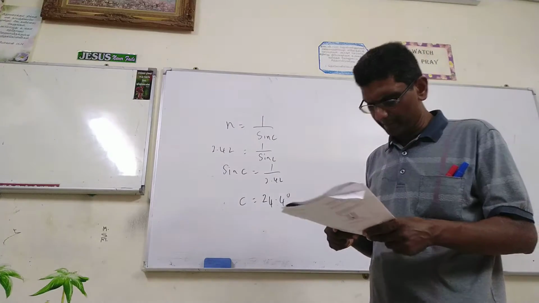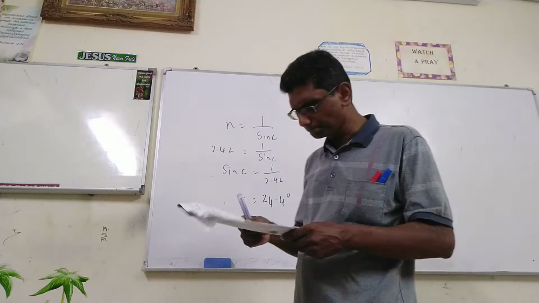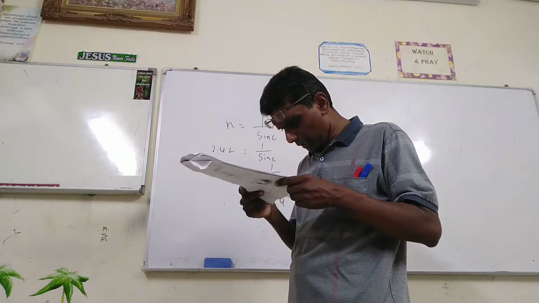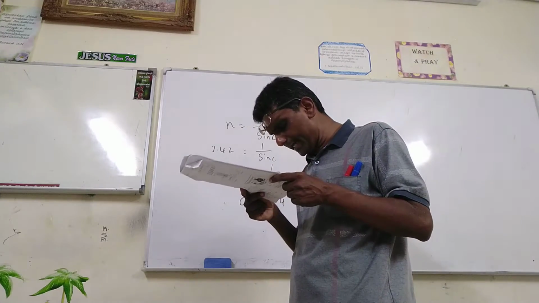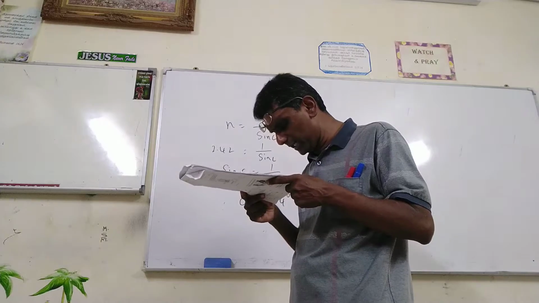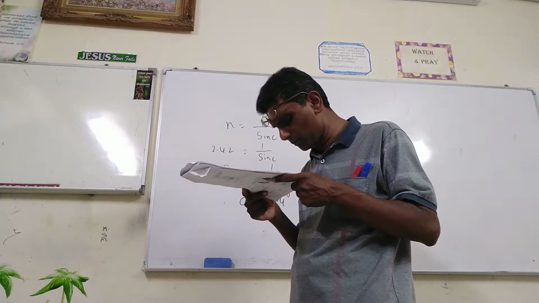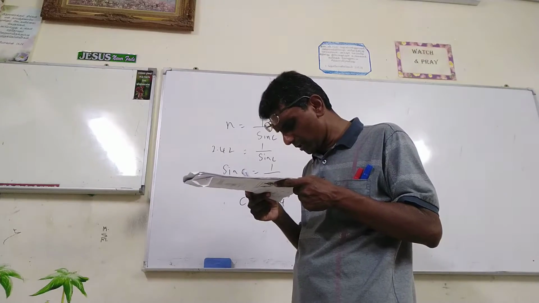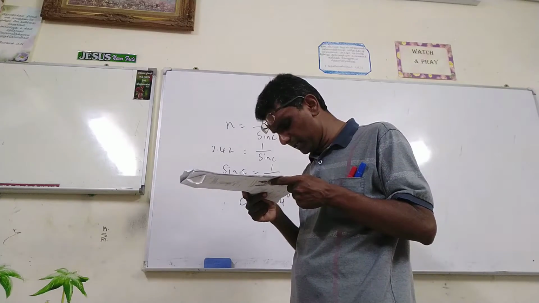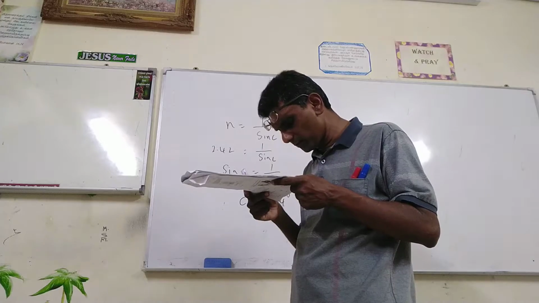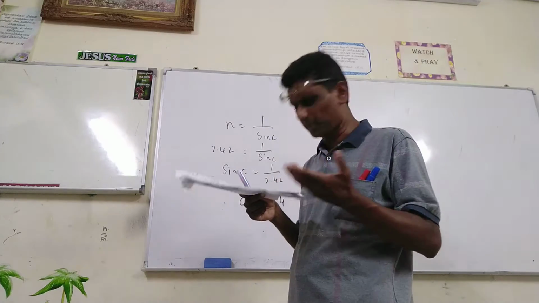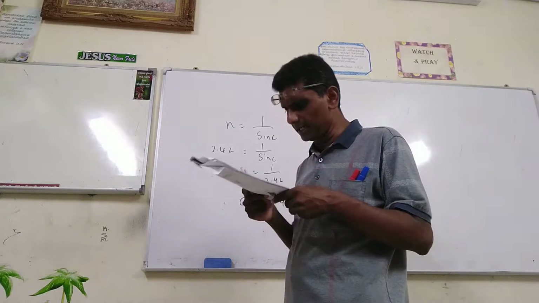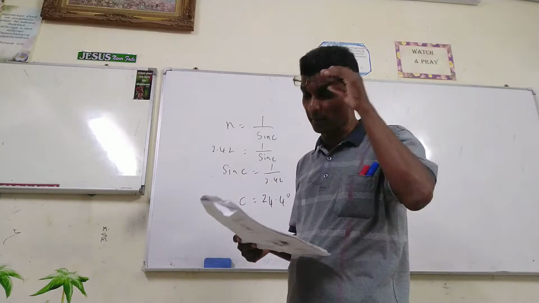Okay, question number C. Complete the path of the light ray in the diamond until it finally emerges from the diamond.